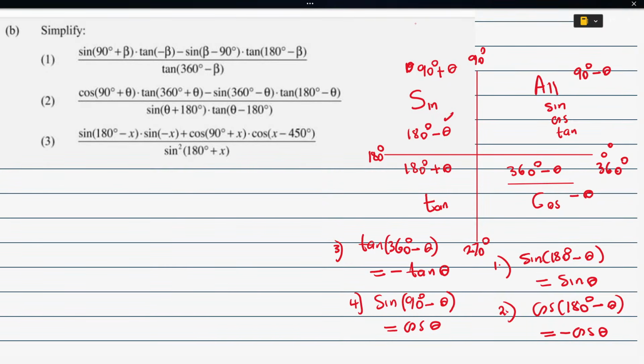I know people cheat when it's sine 360 degrees minus x. Where there's x, people put 30, or any number less than 90, and press the calculator.